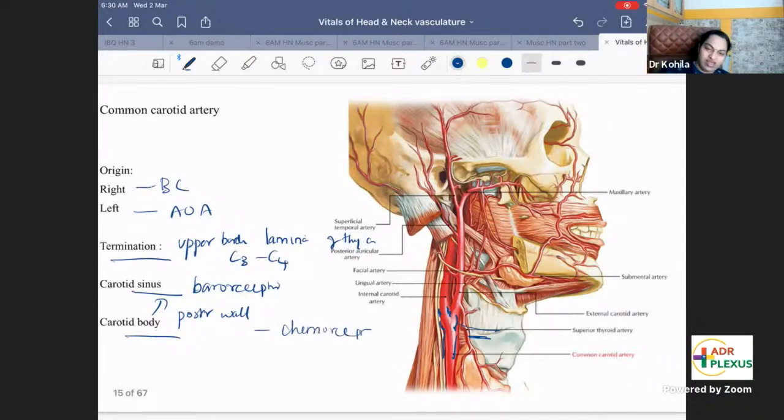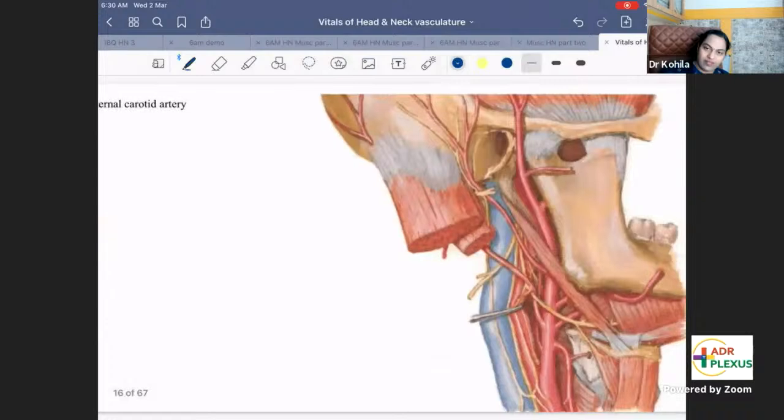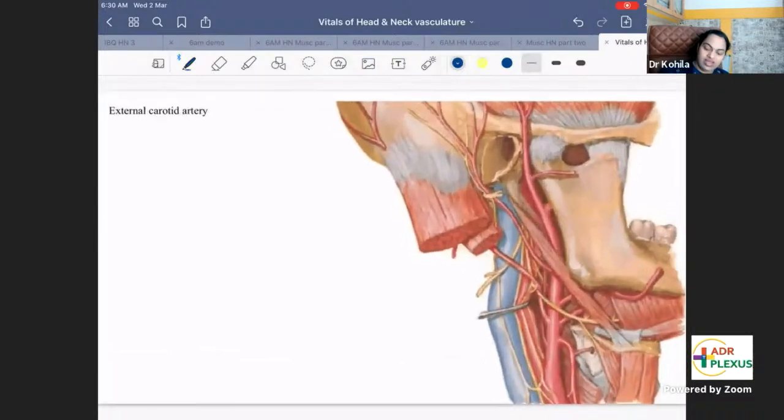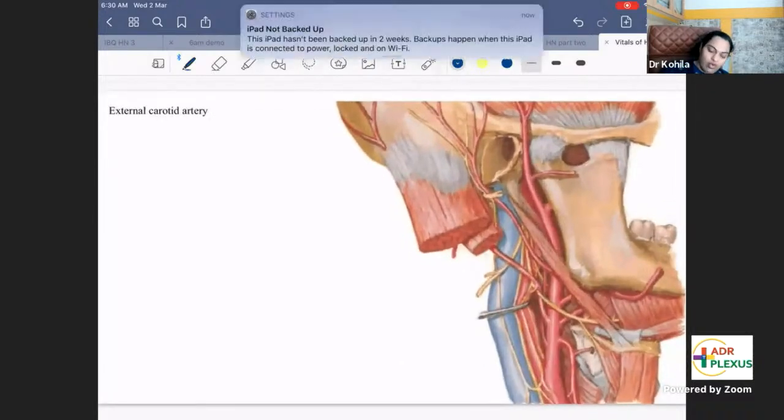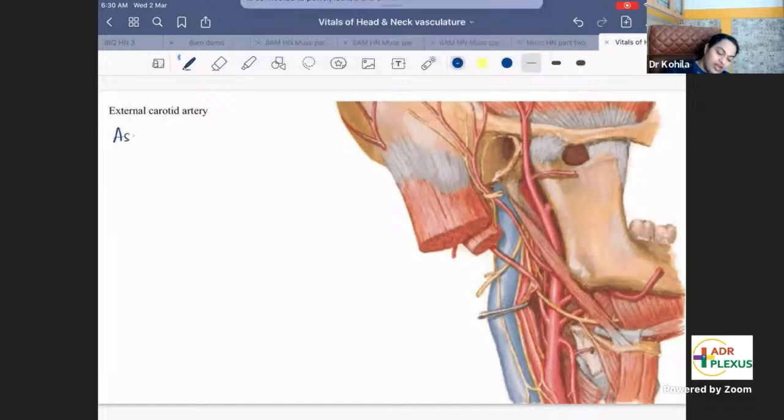So what are the branches from the external carotid? Yeah. You know the mnemonic. Can you tell me the branches from the external carotid artery? You should be able to identify it in this diagram also. Ascending pharyngeal artery. Yes. Superior thyroid artery.